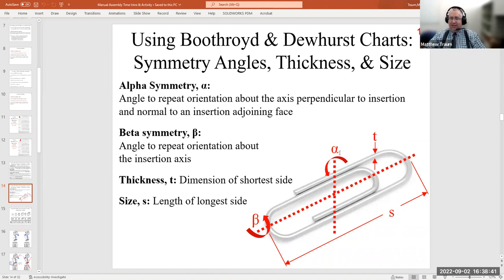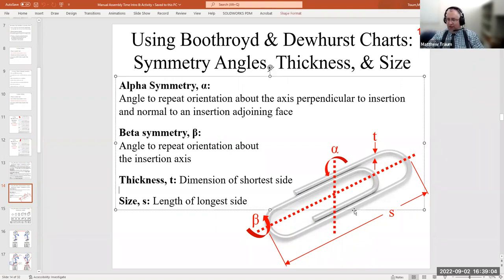The axis around which the alpha angle is measured is the axis that's coming out of the page towards us, right? I couldn't represent that super well because this is a flat image, but it's basically rotation of the paper clip around the axis that's coming out of the screen towards us.